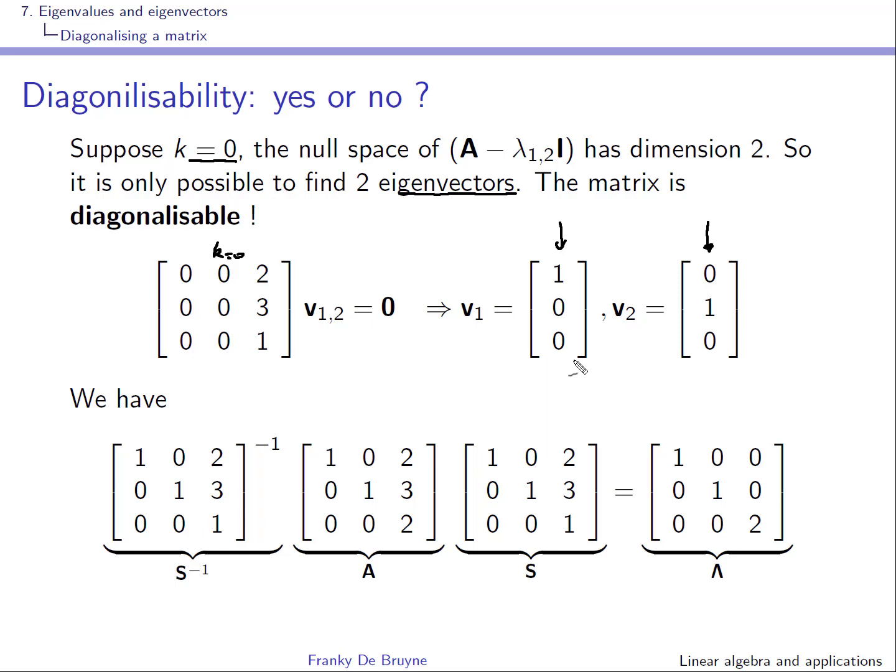Now, things are okay, right? Because you have two eigenvectors and two eigenvalues. So you can construct the matrix S, compute S minus 1 A S, and indeed you'll find a diagonal matrix.